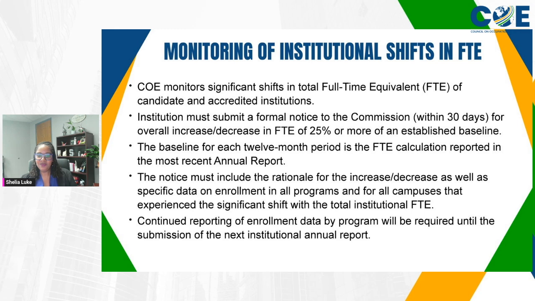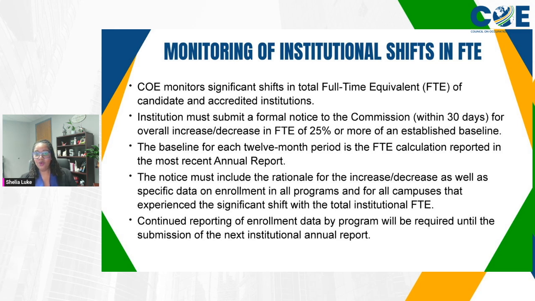Now, if you find yourself in a situation where your FTE is triggered by an increase or decrease of 25% or more, then you're obligated to submit a formal notice of FTE increase or decrease form to the commission within 30 days of when the increase or decrease is achieved.